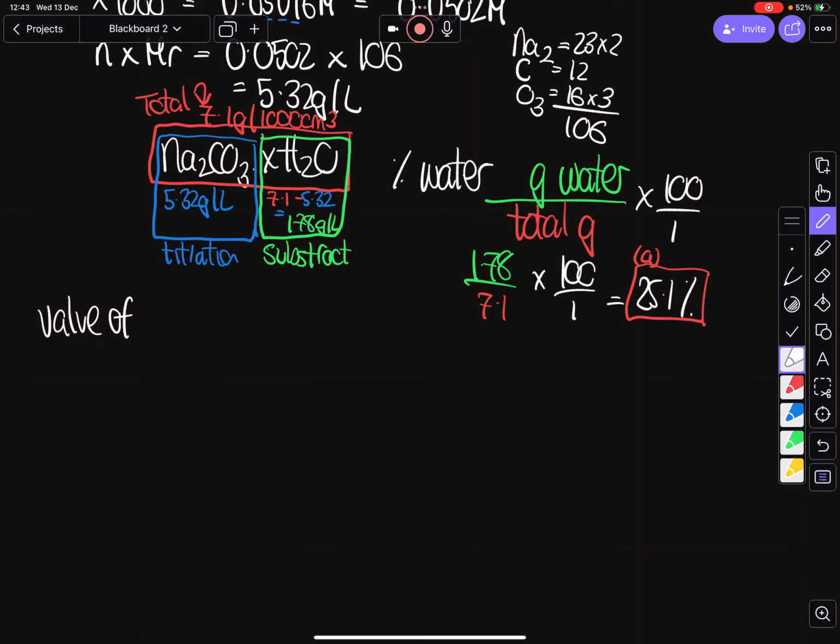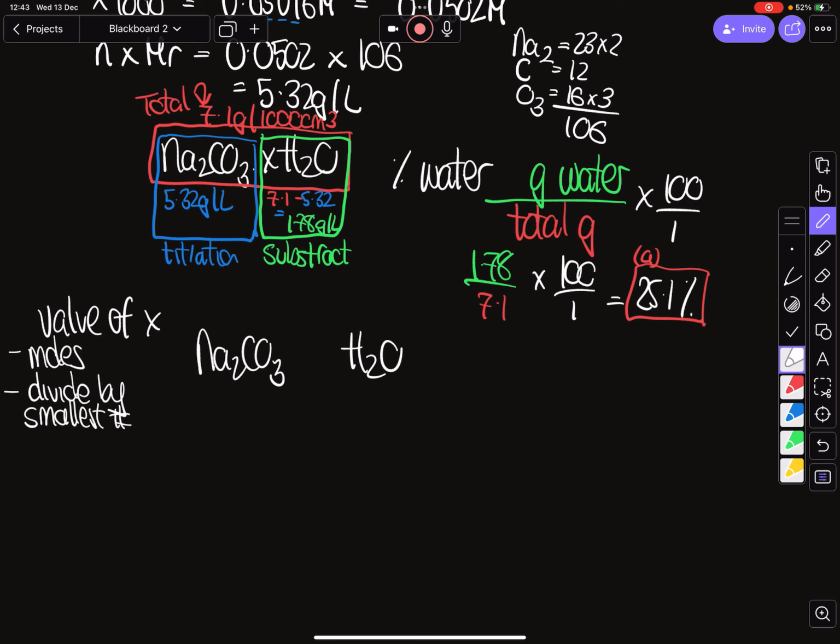So to finish the value of x, we have to do empirical formula. And empirical formula, when we first introduced it, was just with elements, but now we're going to do it with compounds. So we write in our 2 compounds. Just to remind you, we find our moles and then we divide by the smallest number.